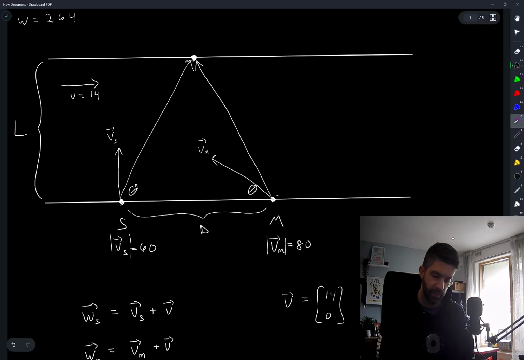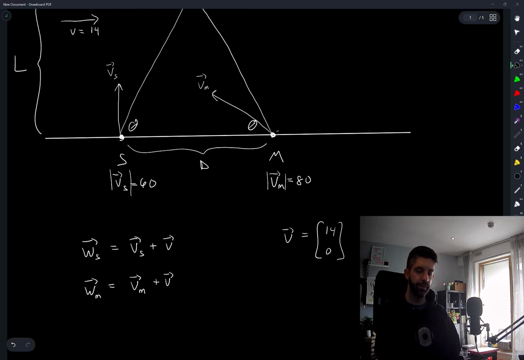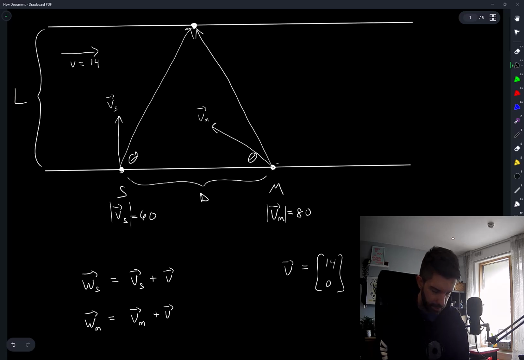Because then when you add the velocity of the water, it puts it onto this line for both of them.